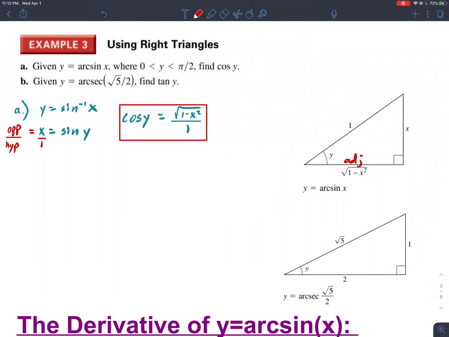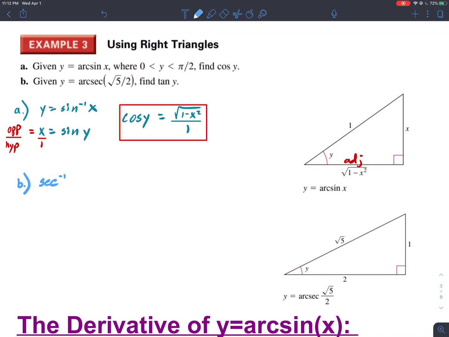B. B says we are given that inverse secant, arc secant of square root 5 over 2 is equal to some value of y. All right, so if inverse, oops, I said inverse sine. I should have written inverse secant.